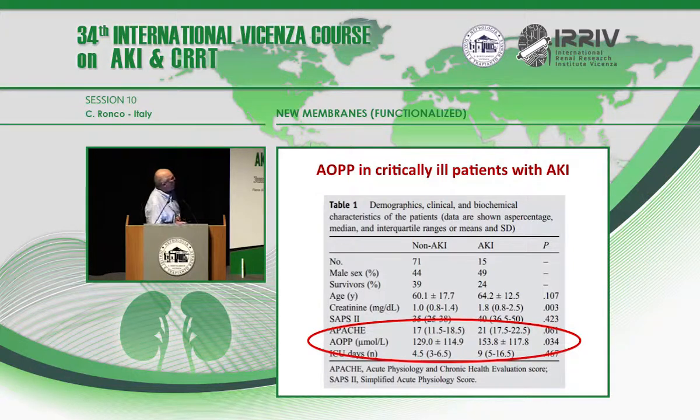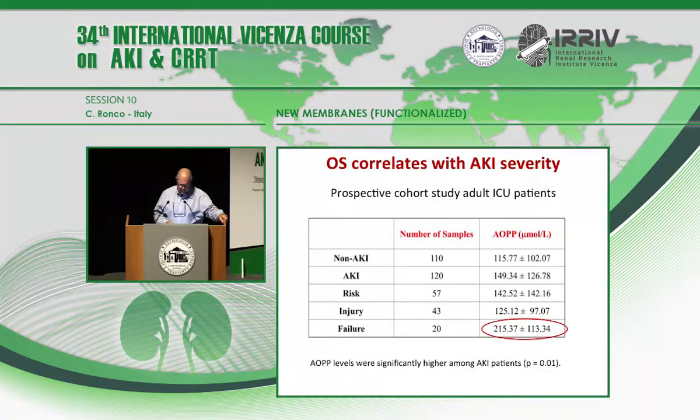So there is no question that, everything else being similar, the impact of oxidant stress may be quite important. Again, this seems to correlate with the severity of AKI syndrome. In a prospective cohort study in adult ICU patients, the level of AOPP was significantly higher in patients who developed stage 3 or failure in the RIFLE-AKIN classification.